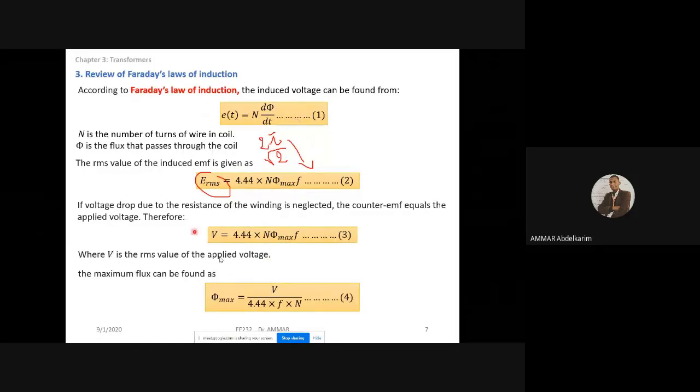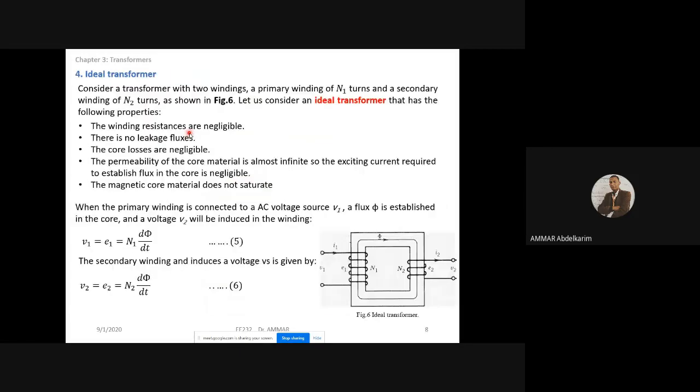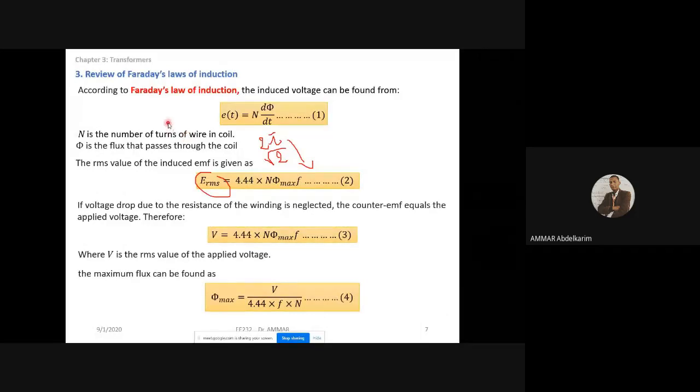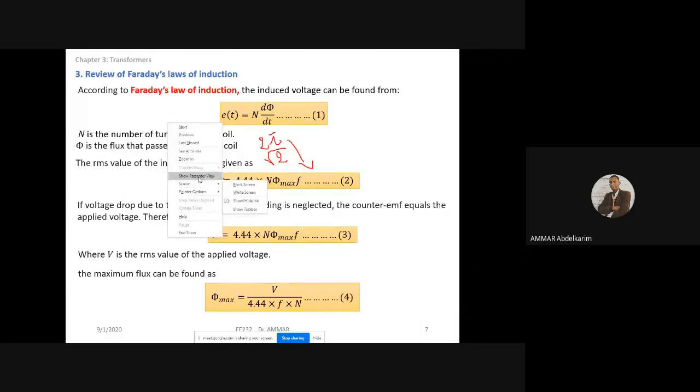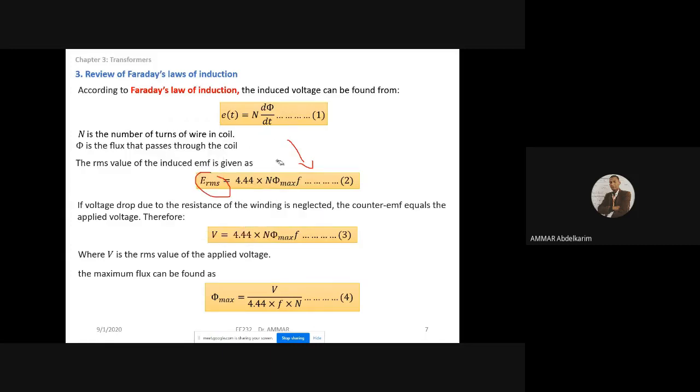So why are we seeing this expression? This is the principle of operation of the transformer. When the flux that is produced by the primary winding goes to the secondary winding, it will create another voltage, which is the secondary voltage, according to this expression. So this is how the flux creates another voltage.